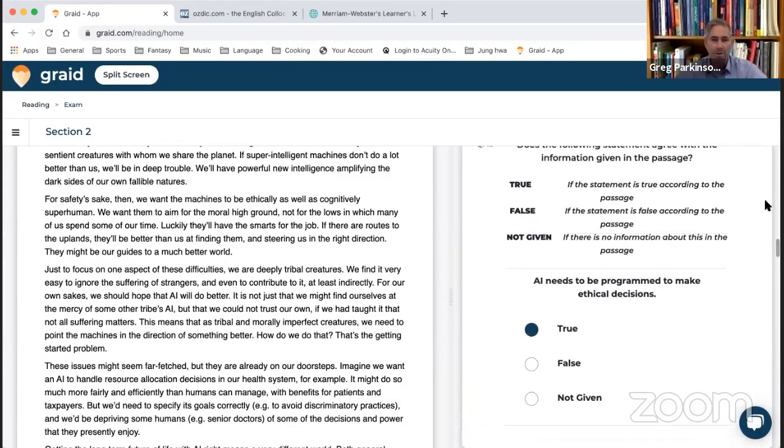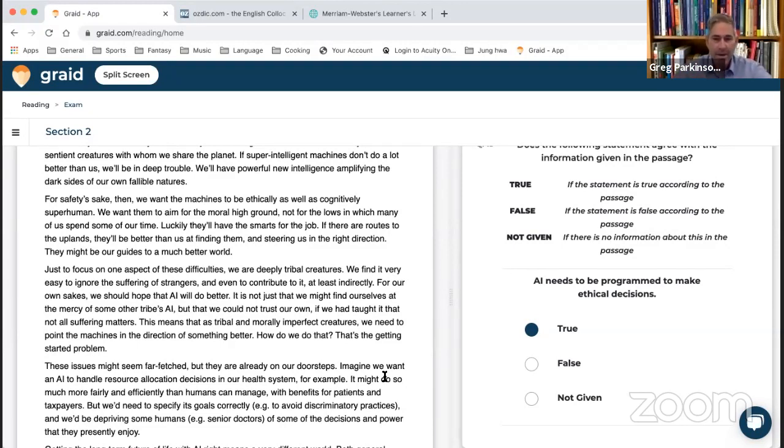So first of all, I also had to do a lot of scanning until I found where the answer is in the reading, right? First, I looked for ethical, but there were too many mentions of the word ethical or ethics. But then I switched my attention to scanning for decisions and I found it here. So imagine we want an AI to handle resource allocation decisions in our health system, for example, right? So we want robots to decide who gets what in a hospital.